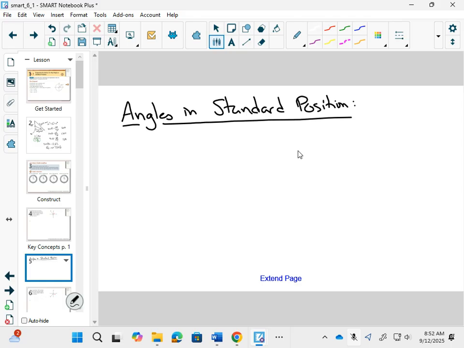So that if I tell you, hey, draw an angle of 100 degrees, you're like, well, where do you want me to draw that? How do you want me to draw that? So we have angles in standard position. And there's one very, very important thing for an angle to be in standard position.